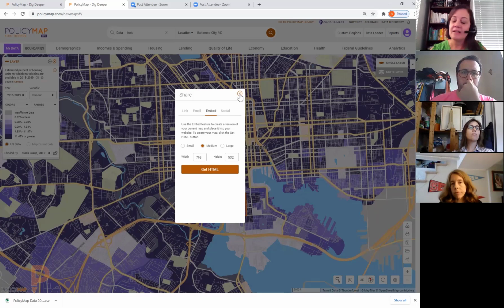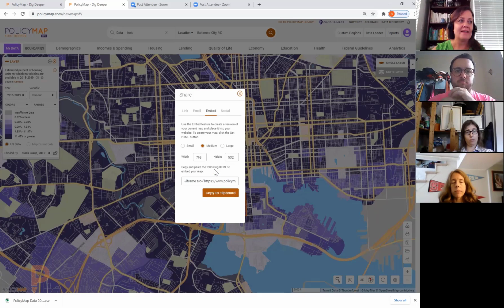This is something we're just testing, and it will be up within the next week or so, being able to share beyond embedding. But right now you can get this iframe code and share it with students or whomever, or you can embed this map onto a web page or into a specific guide. If that makes sense.